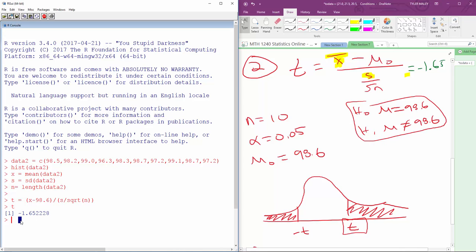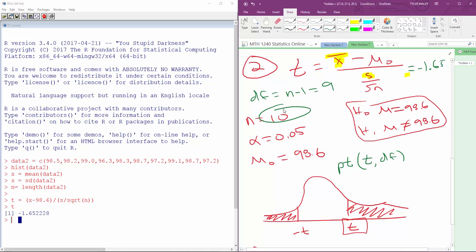The R command to find the p-value is pt. So we're going to use this command, pt, and the first thing you put in is your t value, and then comma your degrees of freedom. We didn't calculate that. The degrees of freedom are n minus 1, which is 9, 10 minus 1.